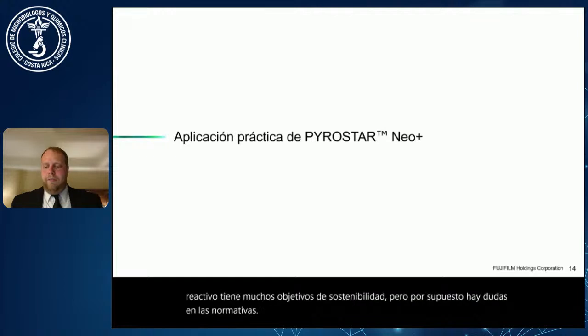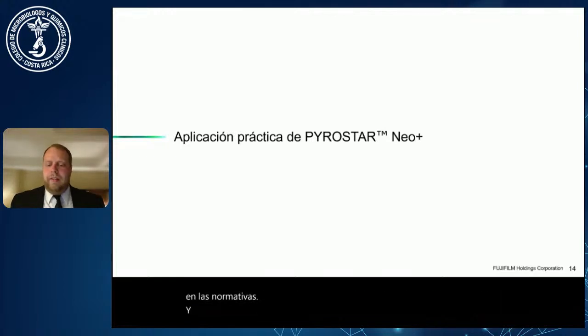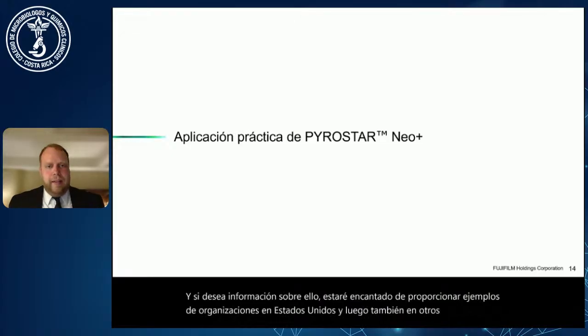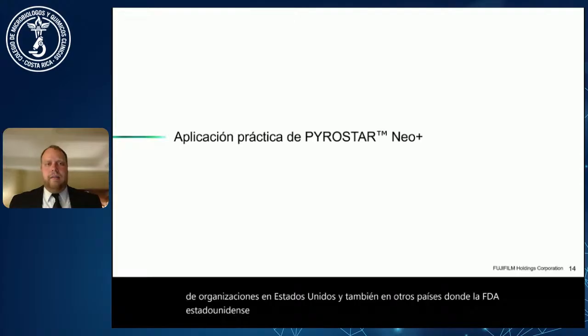And if you would like information about that, I'm happy to provide examples of organizations in the United States and then also in other countries as well, where the United States FDA has accepted the USP 86 chapters for the bacterial endotoxin testing of their products.